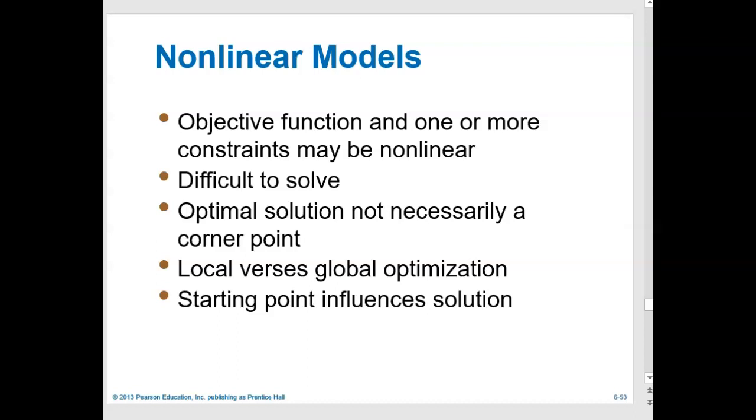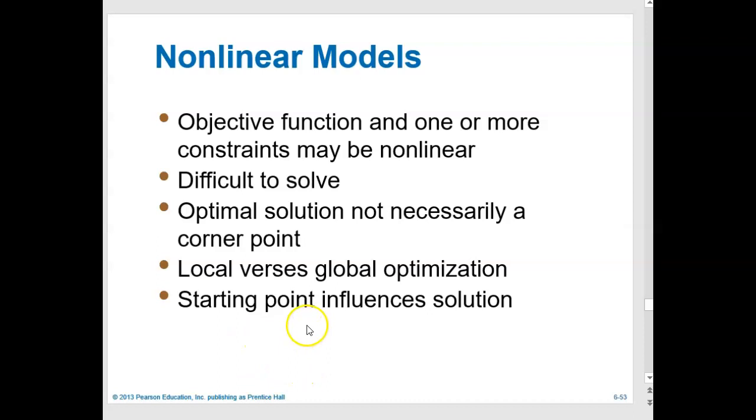We see all the time that relationships cannot be perfectly drawn on a straight line. In that case, they are definitely nonlinear, and we have to find a way to solve for those relationships and incorporate those relationships in our models. And that's what we're going to learn for this particular module as well.